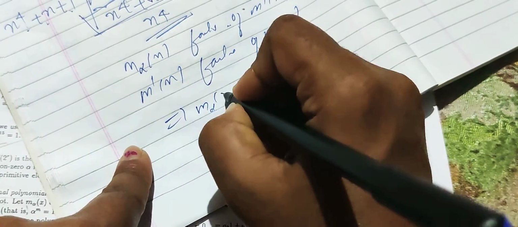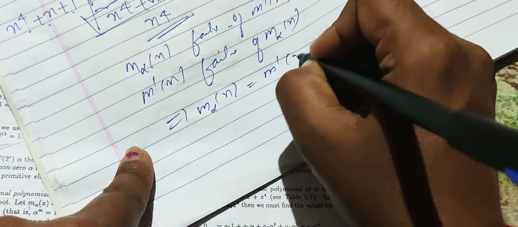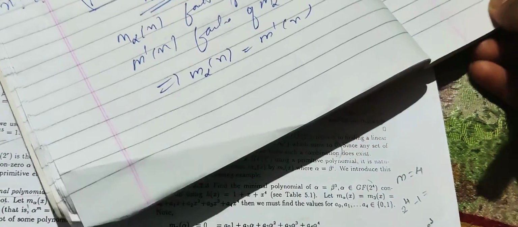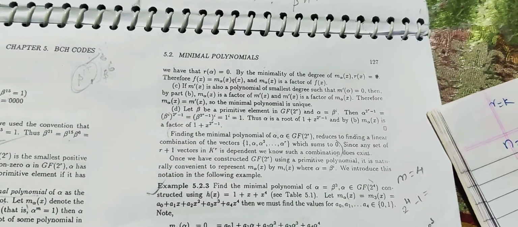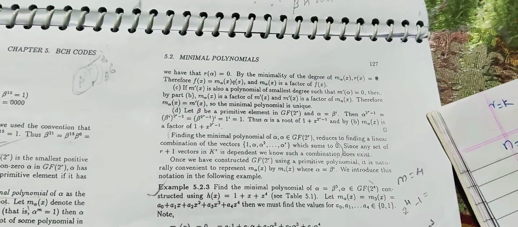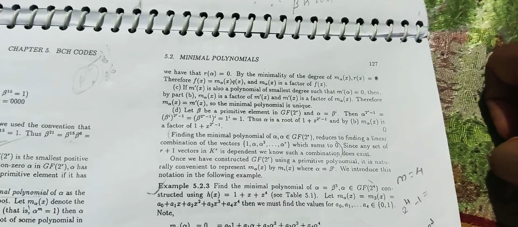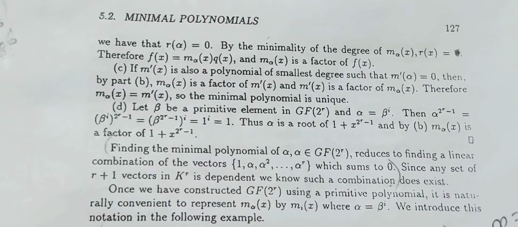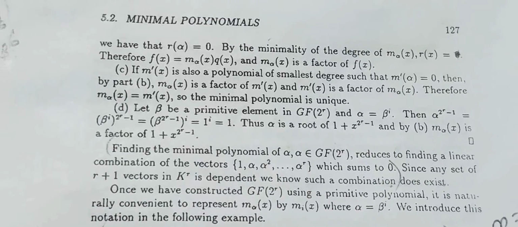Only in the case of equality can we say that both of them are factors of each other. So m alpha of x is equal to m dash of x, which means a minimal polynomial is always unique.